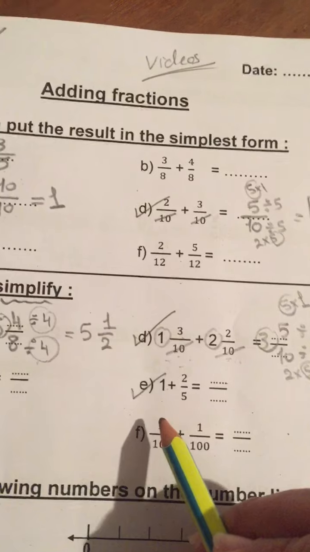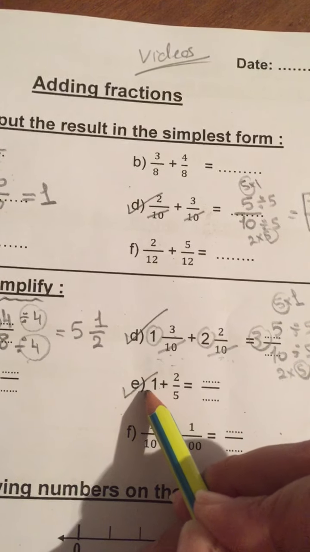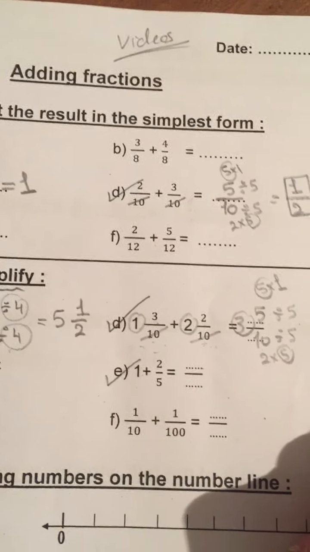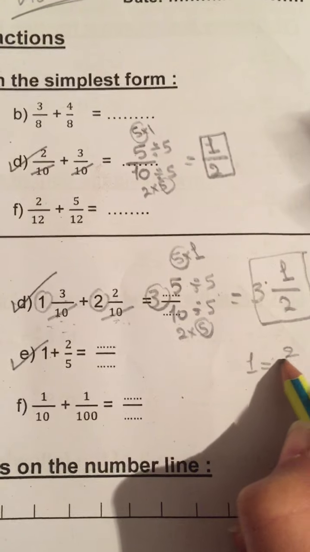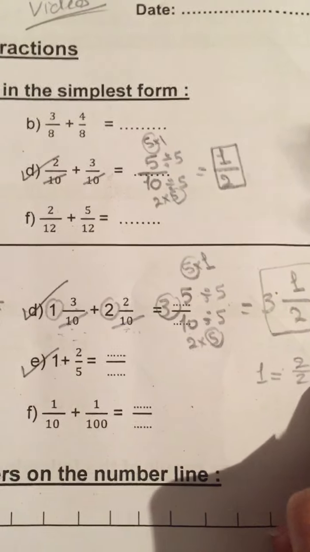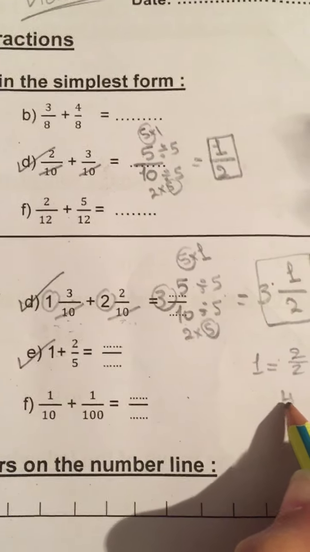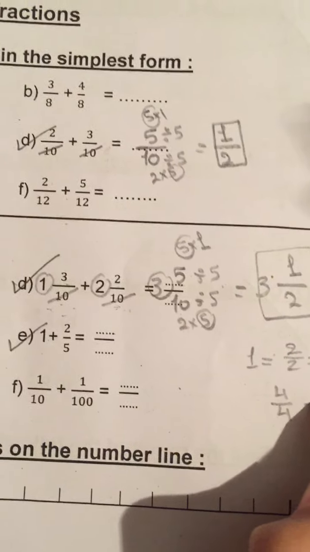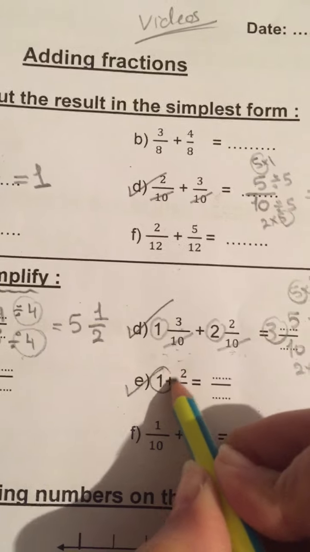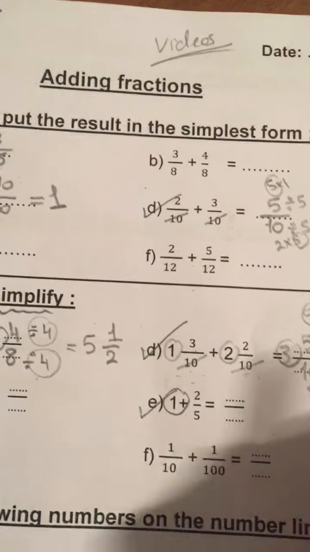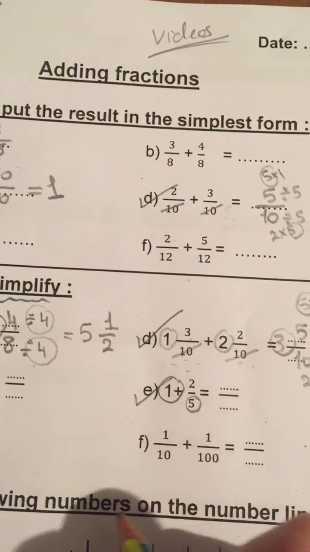Okay, in E here, I know that 1 equals 2 over 2, 3 over 3, 4 over 4, and so on. So how to change this 1? I look at the denominator of the other fraction.